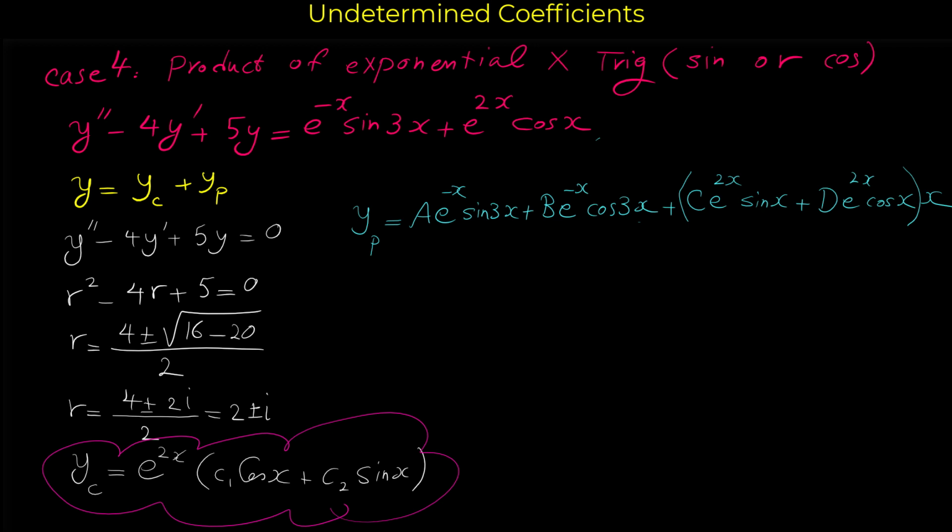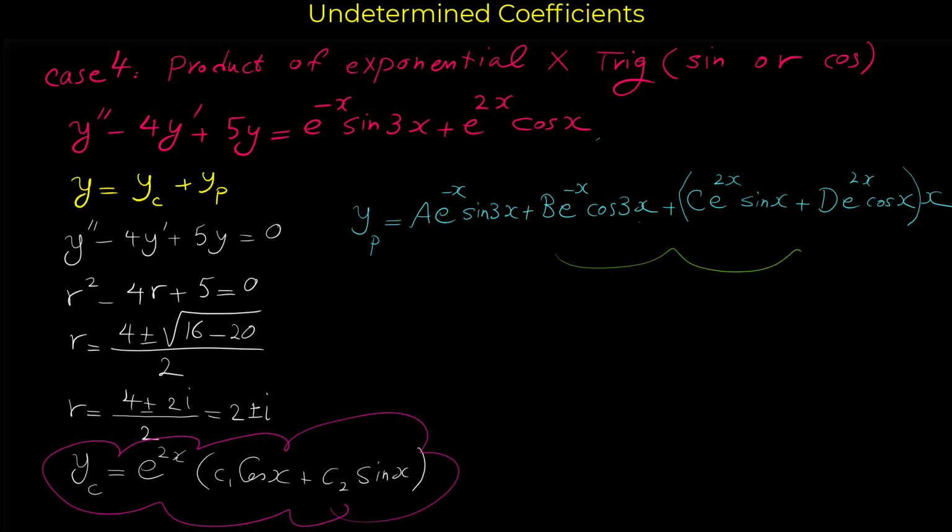Note that our focus in this video is not on finding the unknown coefficients a, b, c, and d. If you want to learn how we can find these unknown coefficients, watch my other videos. Here in these videos, our focus is on writing just the form of the particular solution. And this is the form of the particular solution.